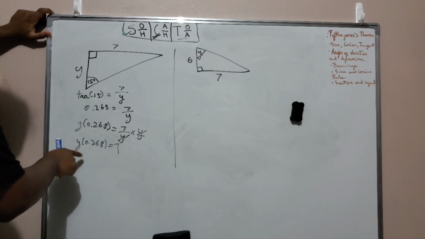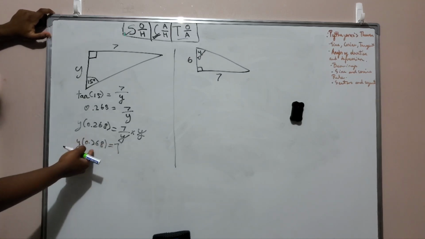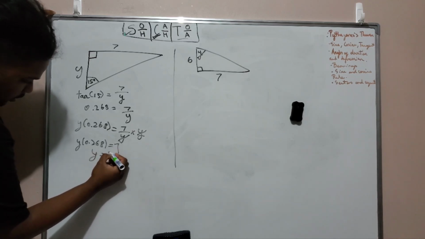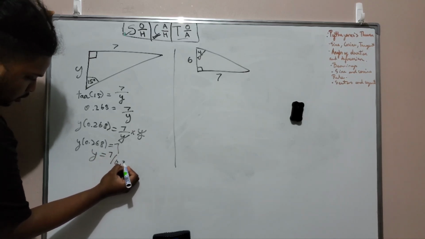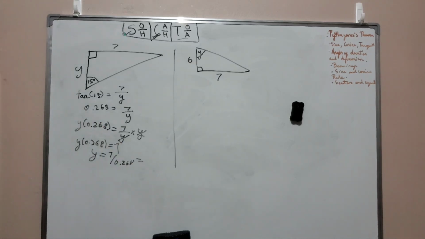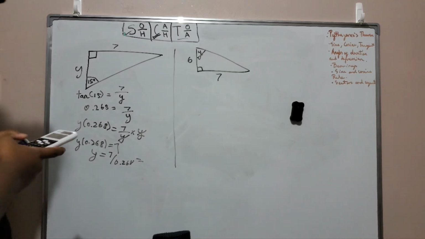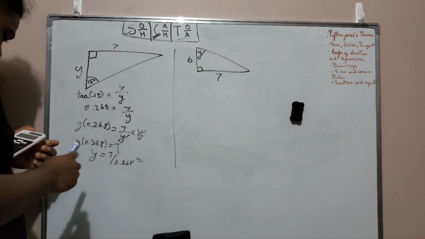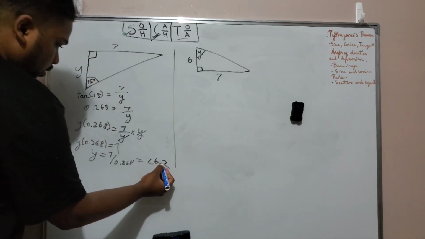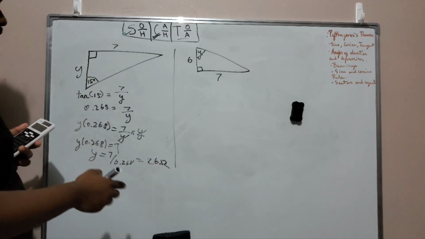So when we divide this side by 0.268, this 0.268 cancels, so we are left with y equals 7 divided by 0.268, which works out to be 26.12. Right. So we solved for this y here.